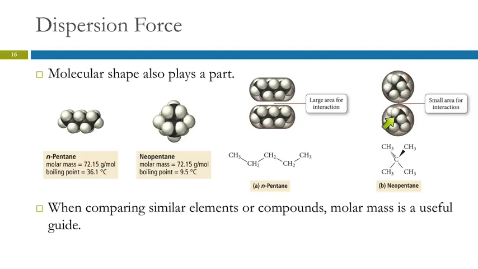If you have two spheres, they can only touch at one point, a very small area, so they can't stick together as easily. So we predict that this is going to have a lower melting point and a lower boiling point than this one, even though they have the same molar mass, just because the surface area contact here is going to be much less than with this shaped molecule.